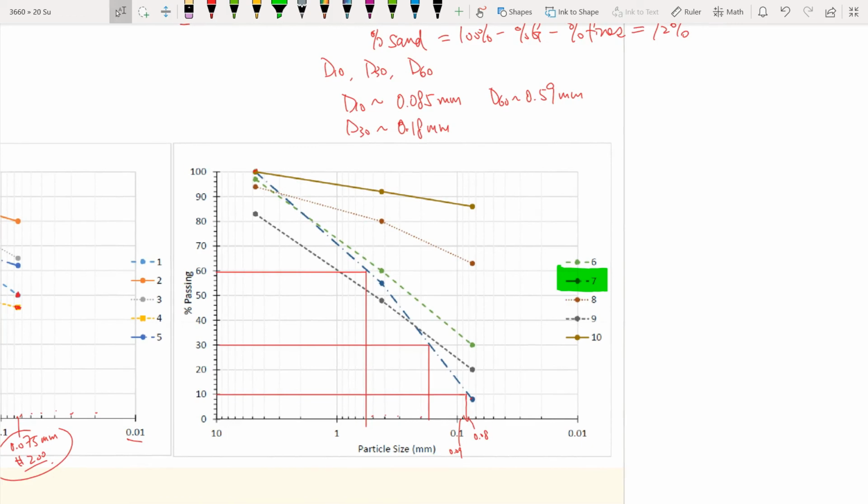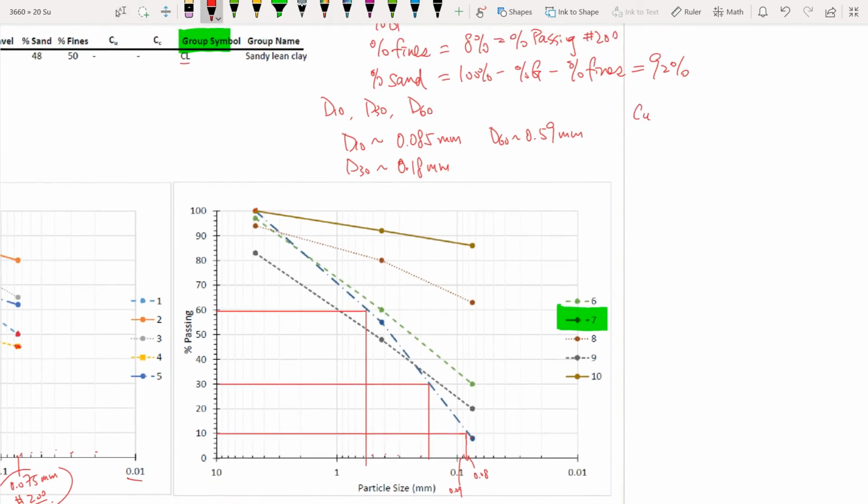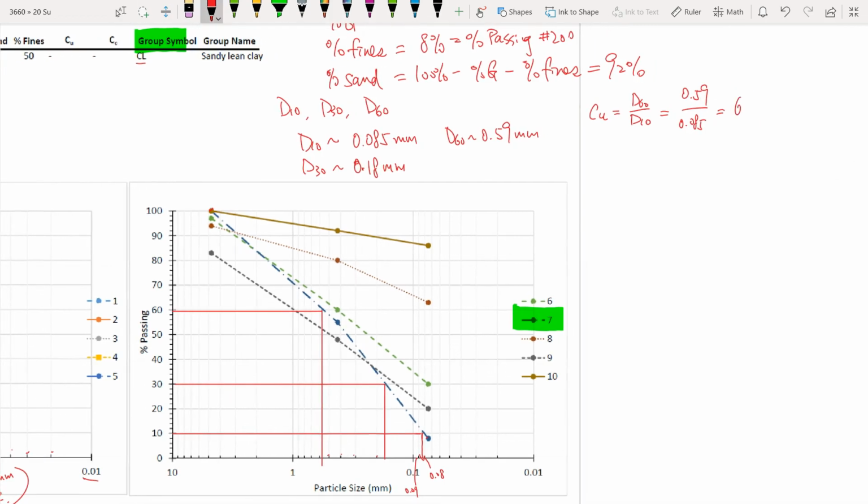After you determine D10, D30, and D60, then we can calculate Cc and Cu. Cu equals D60 divided by D10, which is 0.59 divided by 0.085 millimeter. If we do our math, we get 6.94.